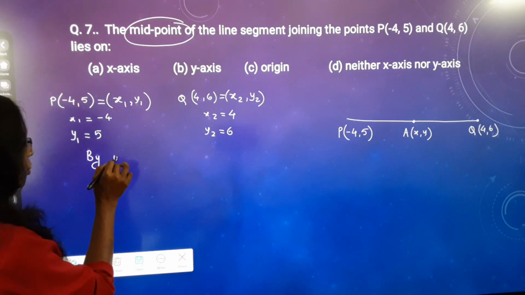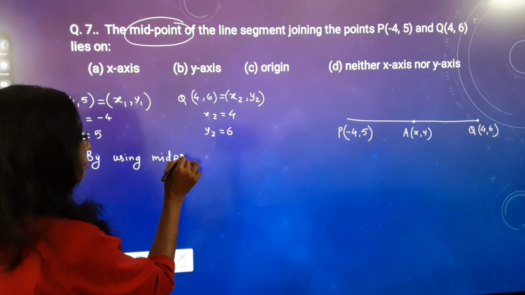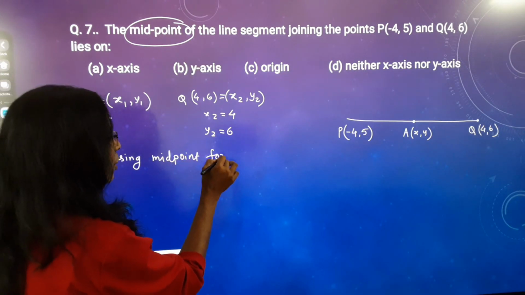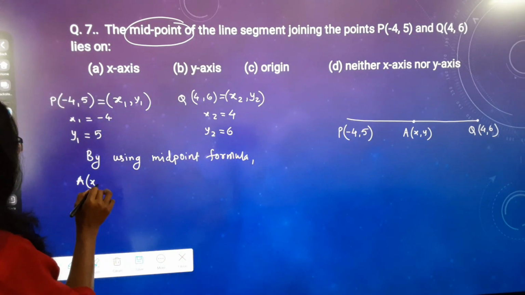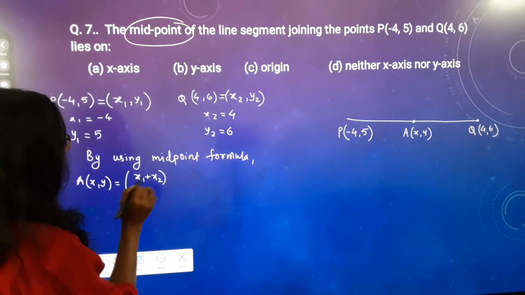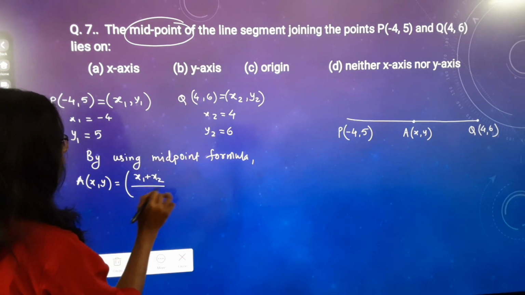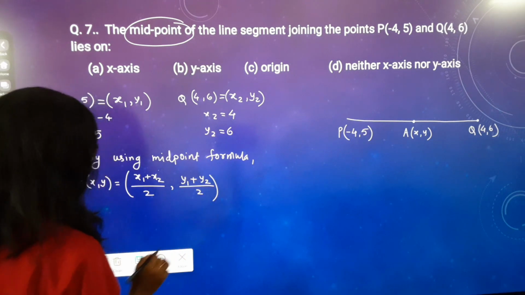By using the midpoint formula, first we write the midpoint formula: A(x, y) is equal to x1 plus x2 upon 2, and here y1 plus y2 upon 2.